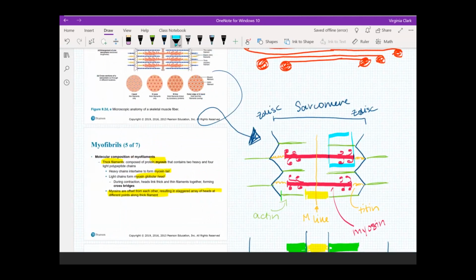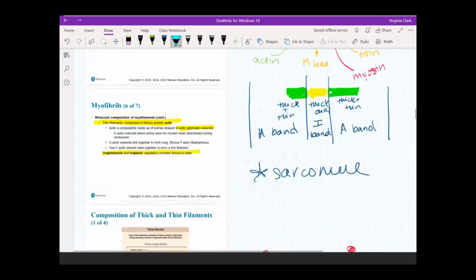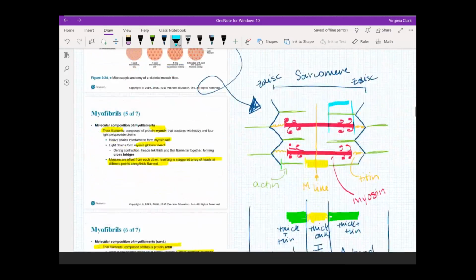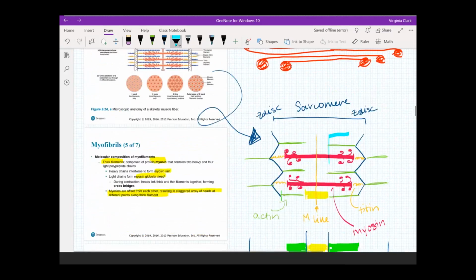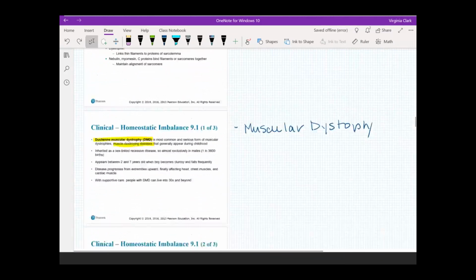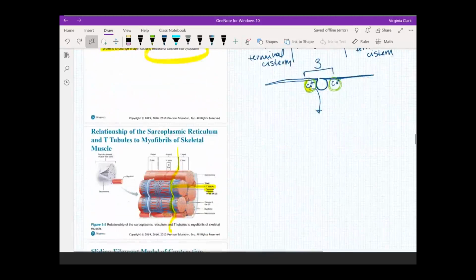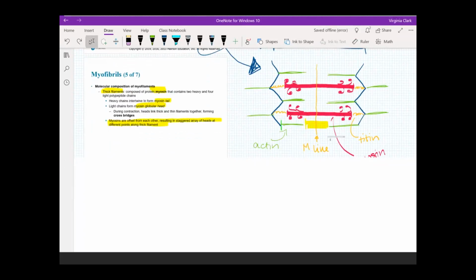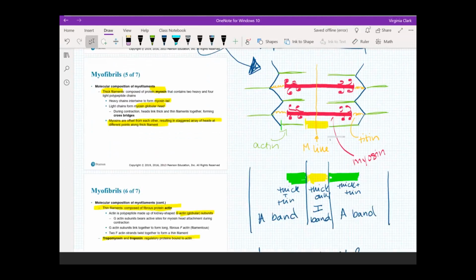You'll notice in the middle that there's no overlap, and you'll notice here that there's no overlap. So with this overlap of our thick and our thin, that is where we're going to have our sarcomere shorten.